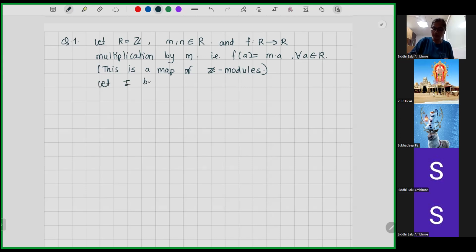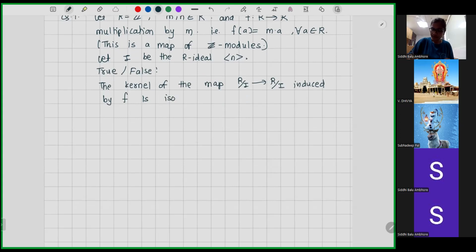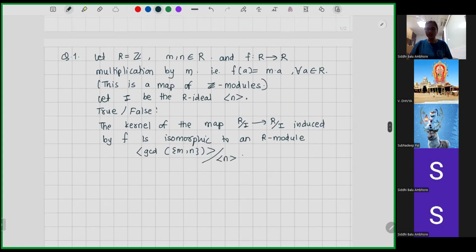And now let I be the R ideal, so I is an ideal in R generated by N. The M is used to define a map, and N we are considering the ideal generated by this N. We have to check whether it is true or false: the kernel of the map from R mod I to R mod I induced by F is isomorphic to an R module, GCD of M comma N quotiented by N. Any guesses whether this is true or false?